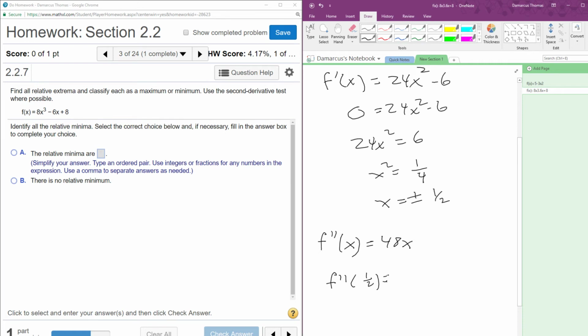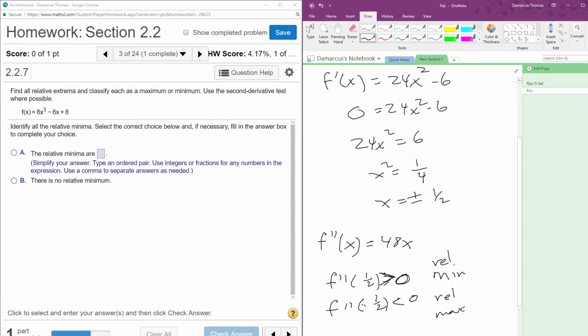So I'm going to say that it's greater than 0. So we know that there is a minimum. We call it a relative min. And now what happens if I plug negative 1/2 into the second derivative? I'm going to end up with less than 0. And so we're going to say that there's a relative max.